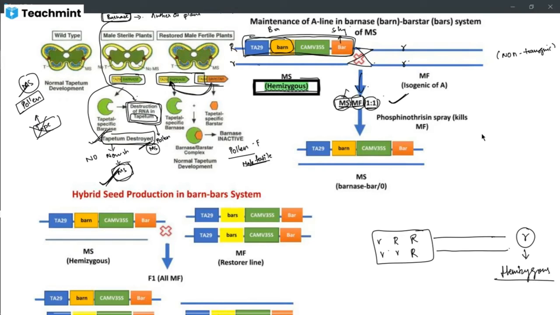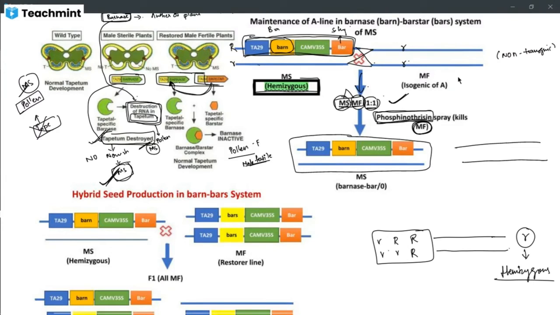So how will you identify them? In order to identify, we need to spray a chemical known as phosphinothricin, okay? What this chemical does is it kills the male fertile lines. Why does it kill the male fertile line? Because when you cross the A line with the non-transgenic line, you will have one this type of construct, the other construct will be this.